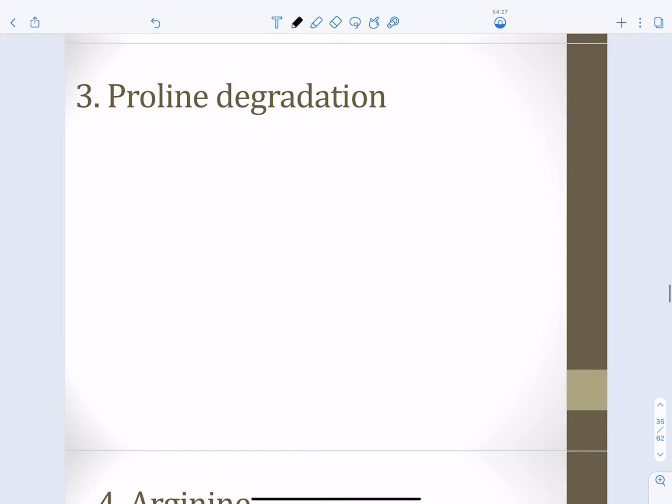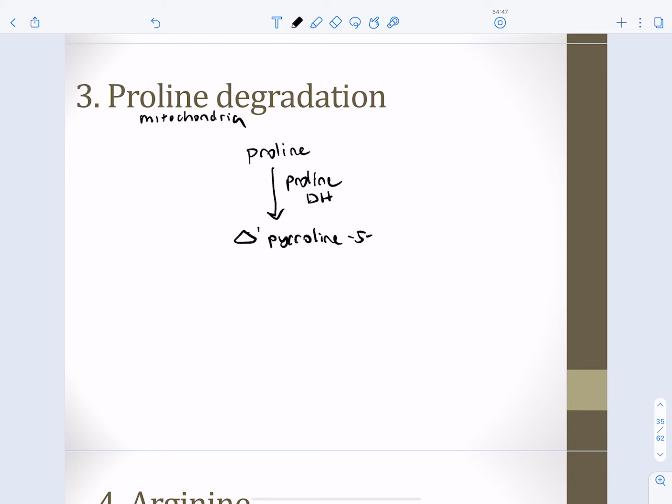Now, proline degradation occurs in the mitochondria. And you have proline dehydrogenase. And this will give you a delta 1 pyrroline 5 carboxylate again.